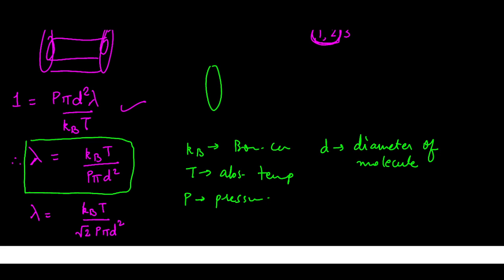If the molecules are not assumed stationary, that is, if we do a more rigorous calculation, then we get a slightly different mean free path value. So instead of getting it that way, we get a different formula where of course all the terms are the same.